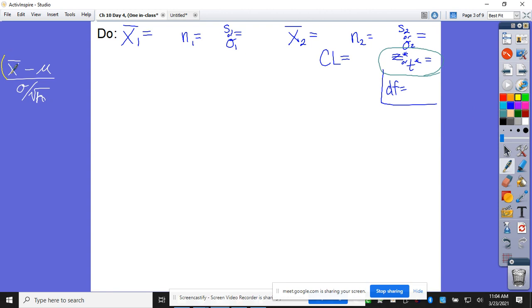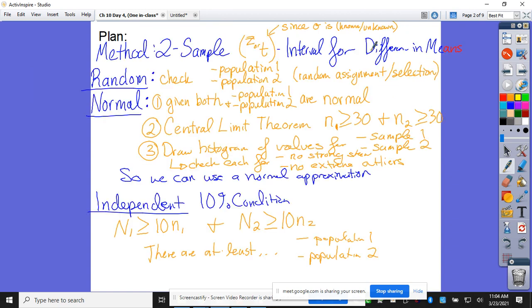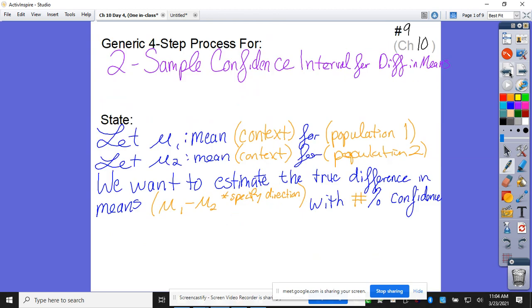What's now gonna go here? Not just X bar, but what? We have to do what with both of them? Subtract them, because it's a difference in means. So just like we did before, we're putting this piece where that X bar went.